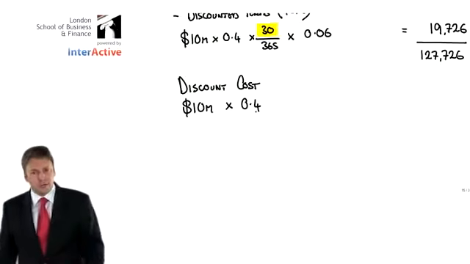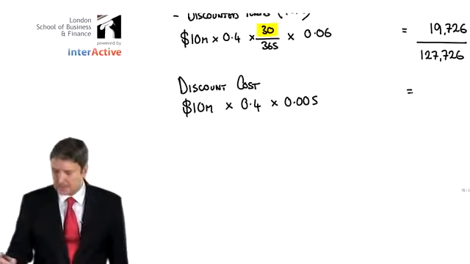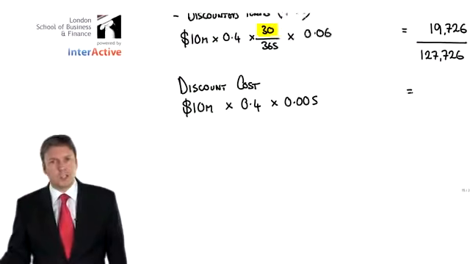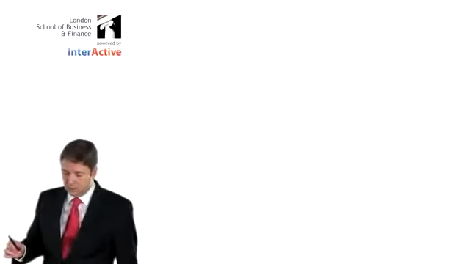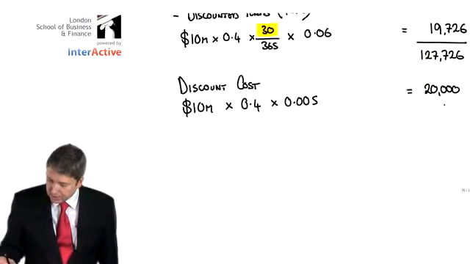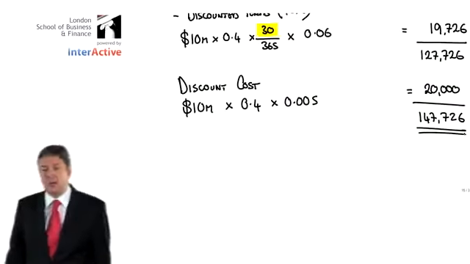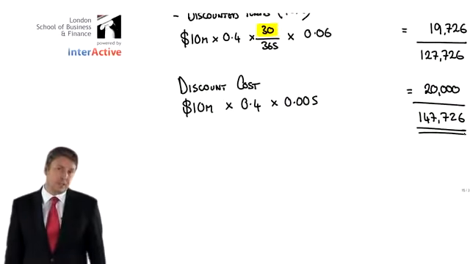And what was the discount because they paid early? Well, the discount was 0.5%. So what does that mean? So we have a discount cost of 20,000, the amount that we forego. And we established that the total cost with the cash discount is 147,726.